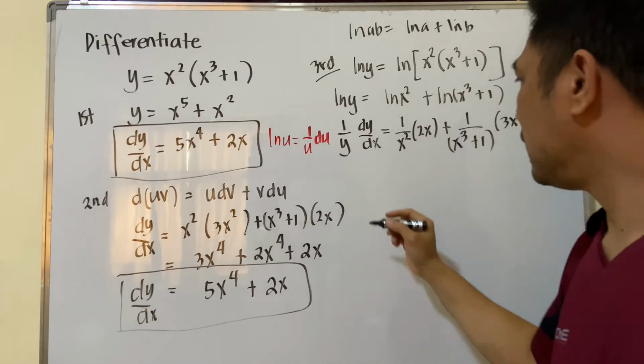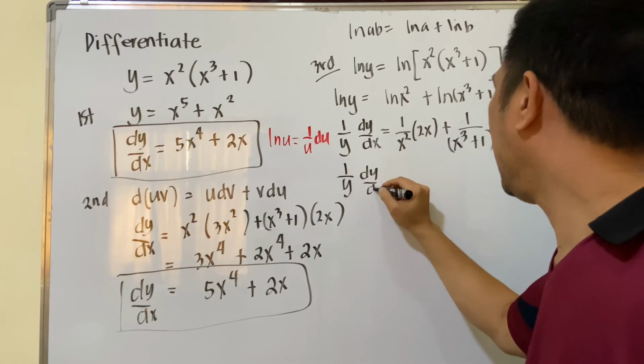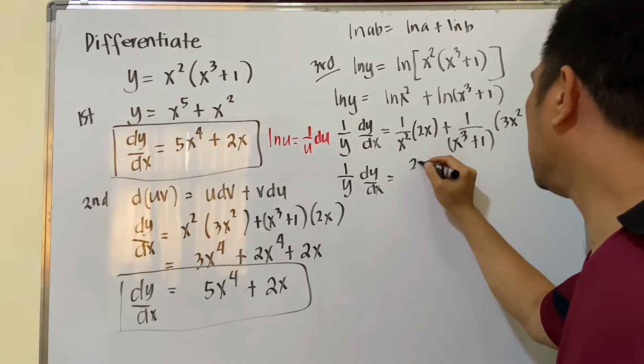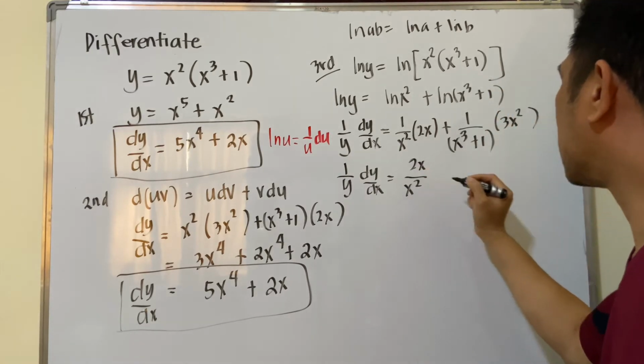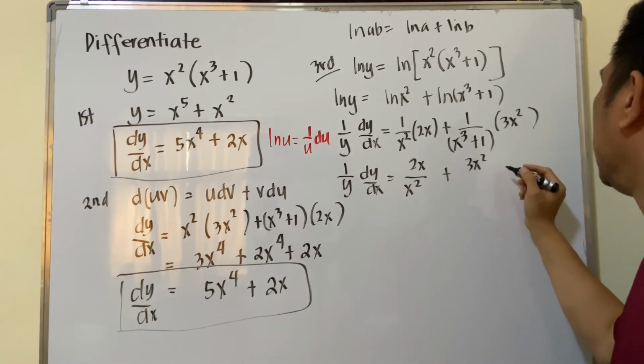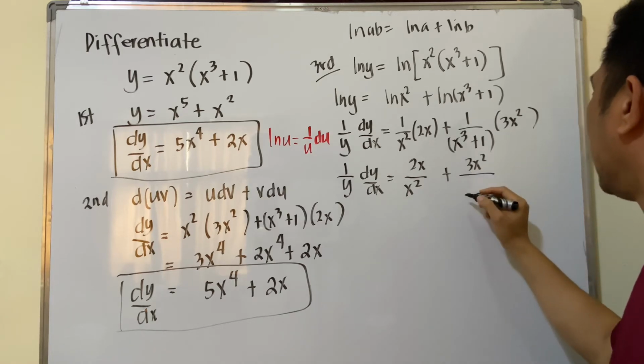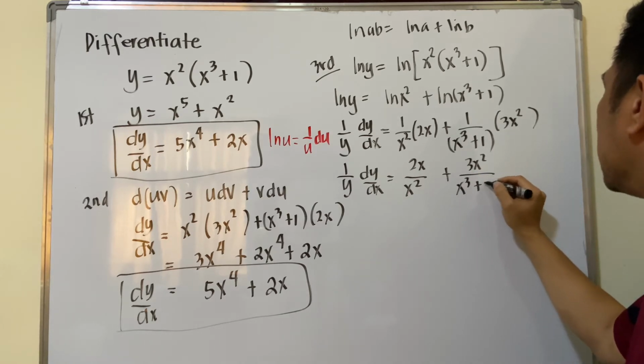Simplifying further, 1 over y dy over dx is equal to 2x over x squared plus 3x squared over x cubed plus 1.